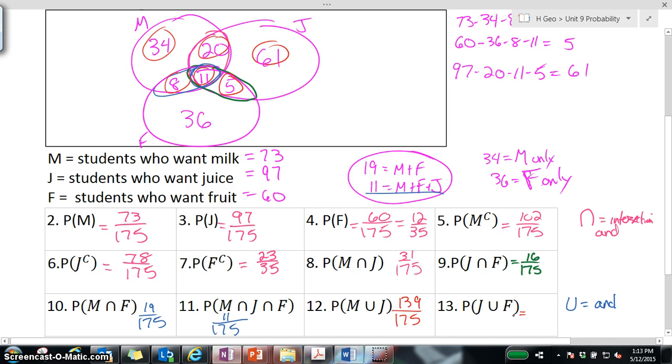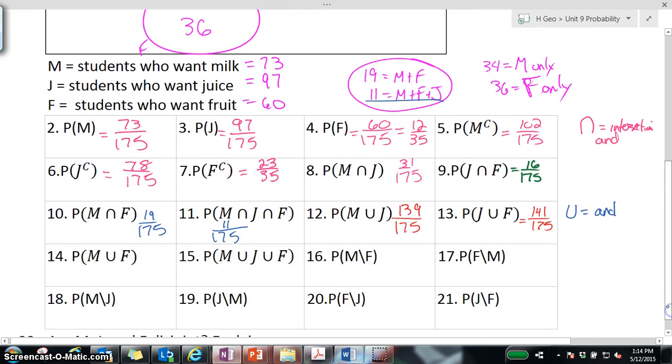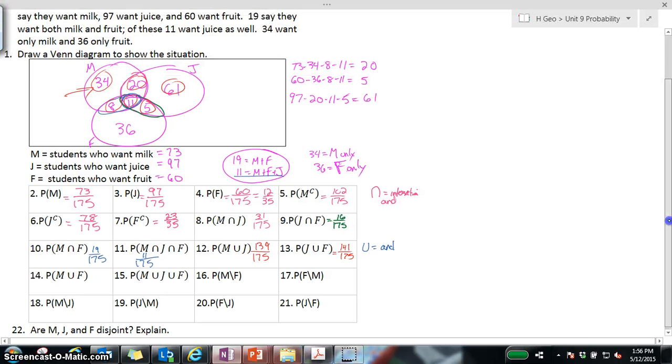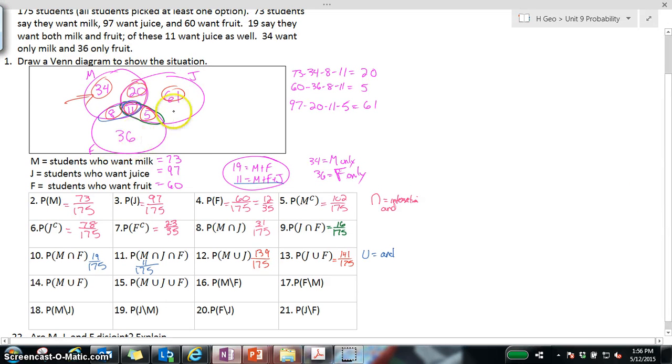And we're going to do the same method for J and F. So it's everything except for that. So 175 minus 34 is 141. So as I was saying, we're going to just finish up. The probability of M or F is all of the other ones, except for J here.